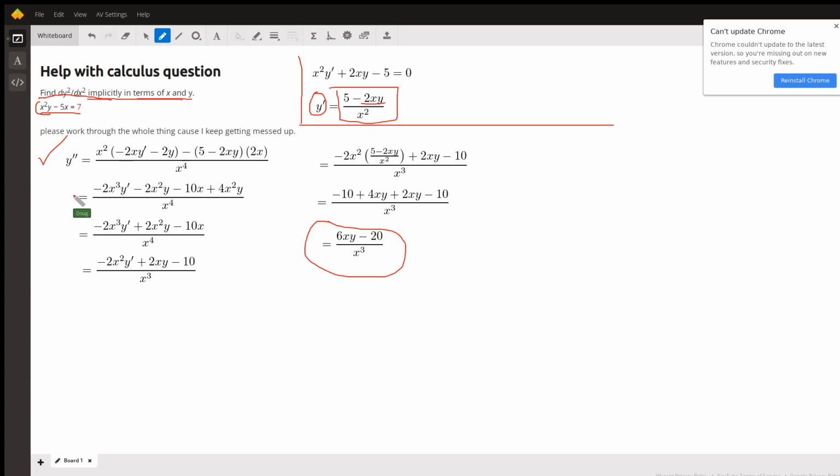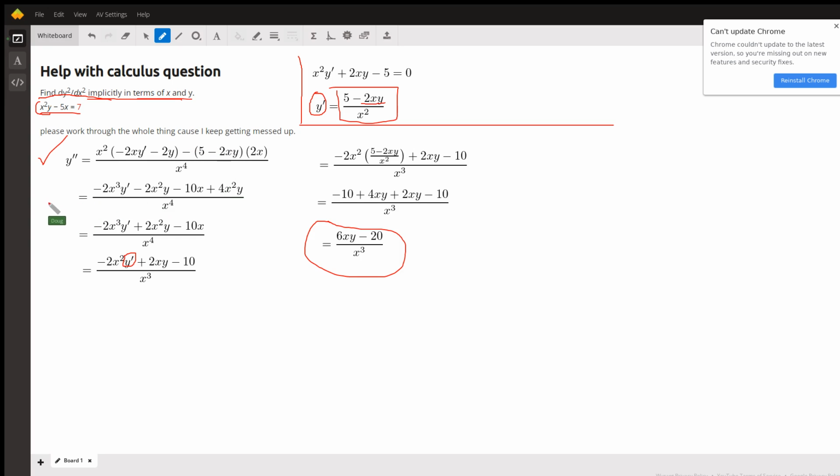And then it's a good idea probably to make this as simple as possible before we do the following. We have to replace this y prime with this (5 minus 2xy) all over x squared. So distribute the x squared here, distribute this 2x. You can think of it as a minus 2x.